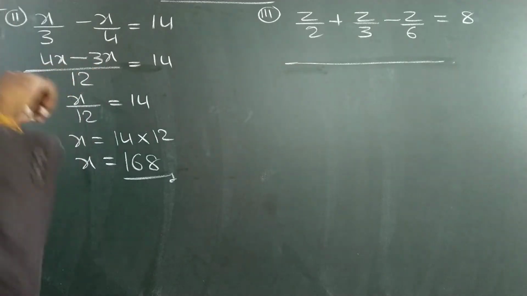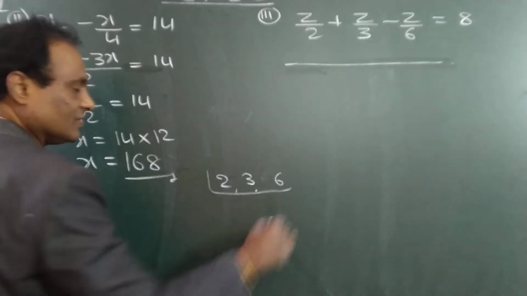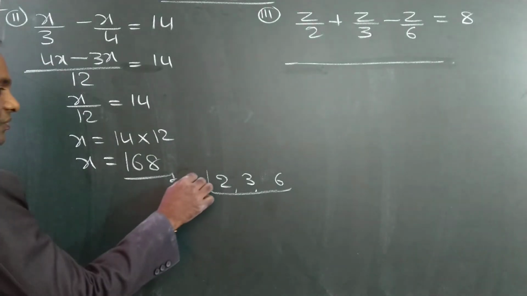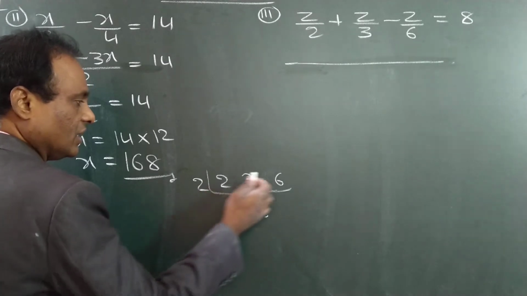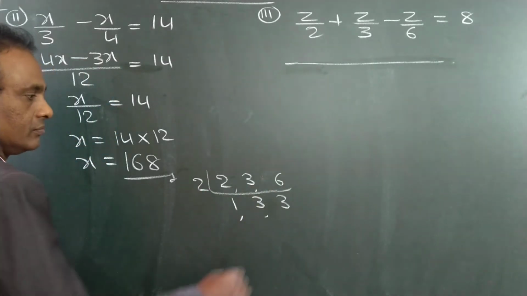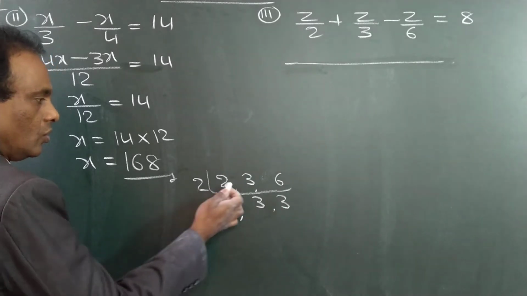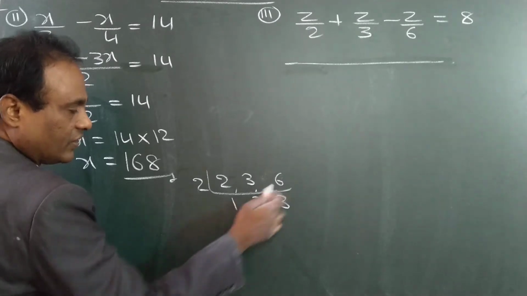Do you know the LCM? 2, 3, 6. LCM, start with 2. 2 ones are 2, 3 we can't do as it is. 2 3s are 6.